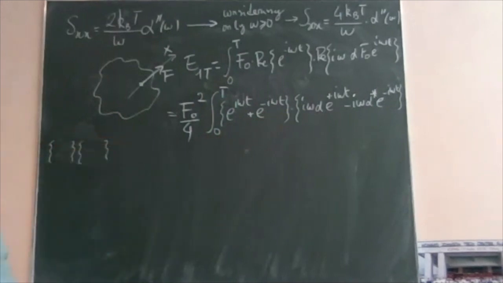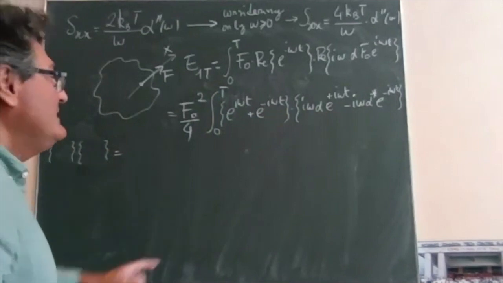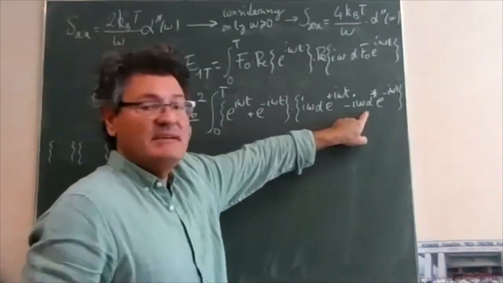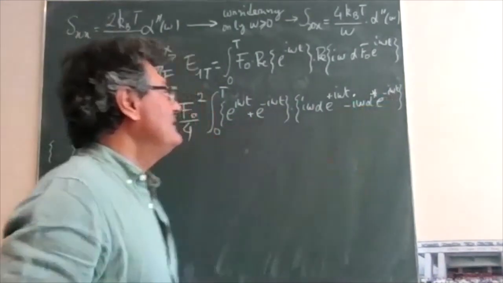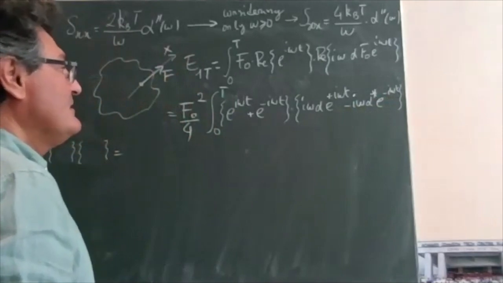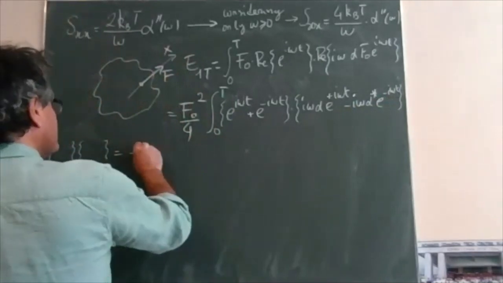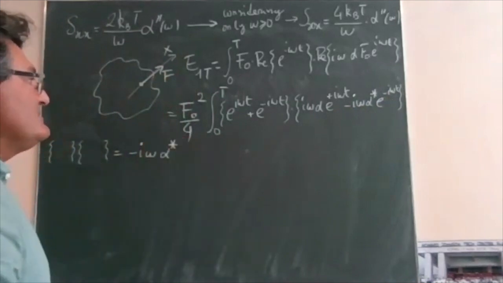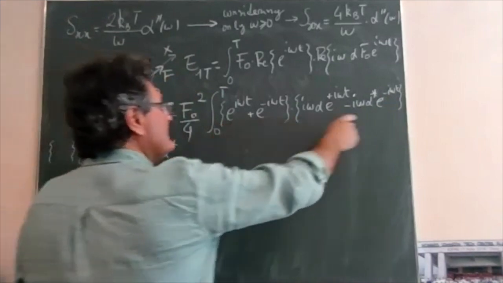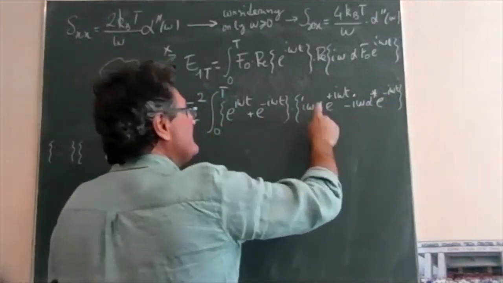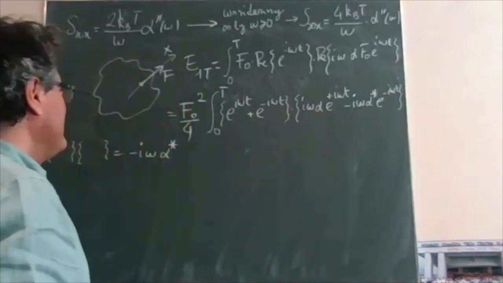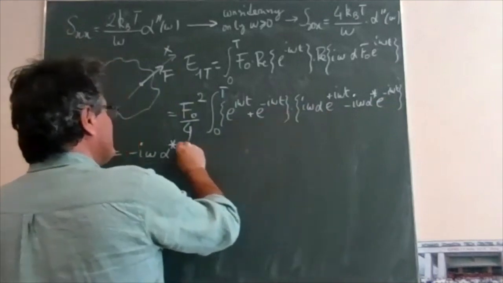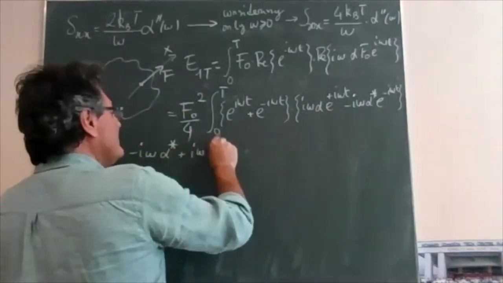I have some DC terms. For example, when I multiply this by this, the time dependence goes away. So this is a minus i omega alpha complex conjugate. And also when I multiply this by this, the time dependence goes away, so this is a plus i omega alpha.